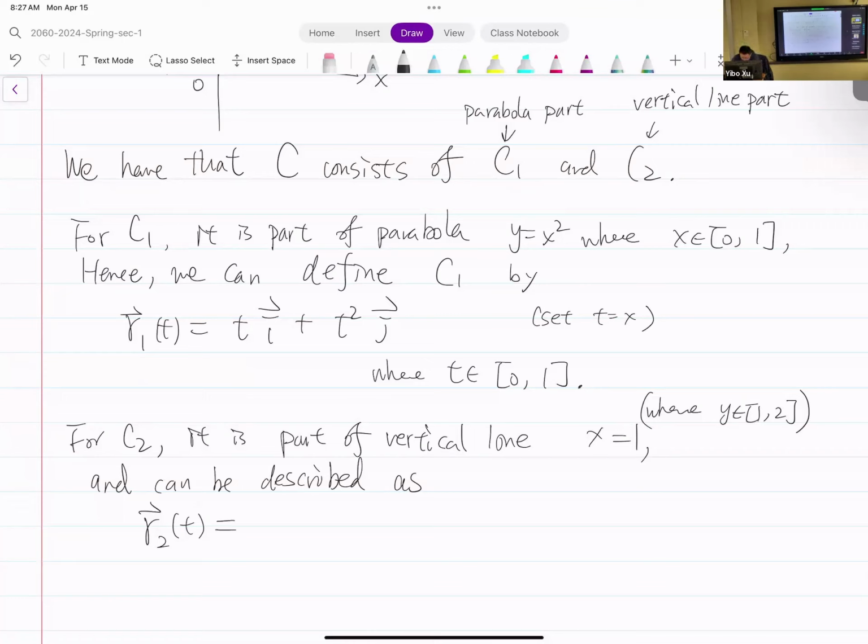The x part is always 1, so that's just i plus tj. So t is just the y value here. So this is just specifying that x is always 1 and y is t.